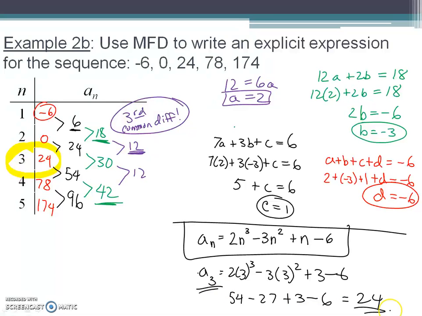So the third term is 24, which verifies, and we have now written the rule for a cubic sequence. Enjoy.